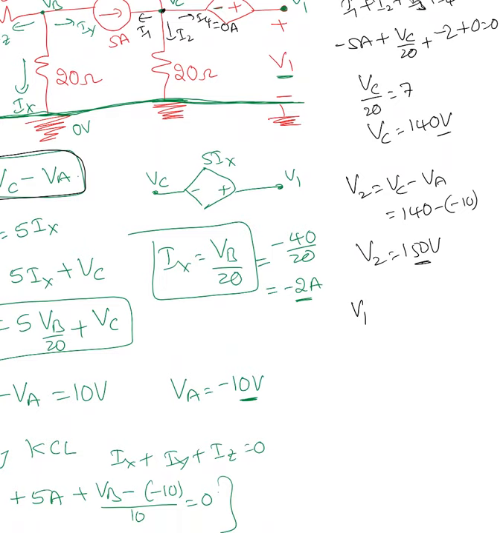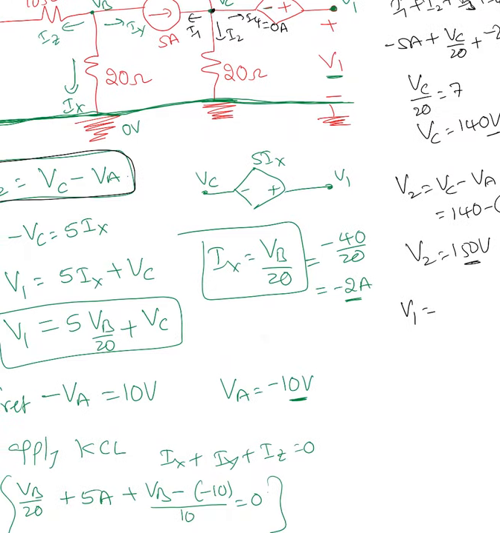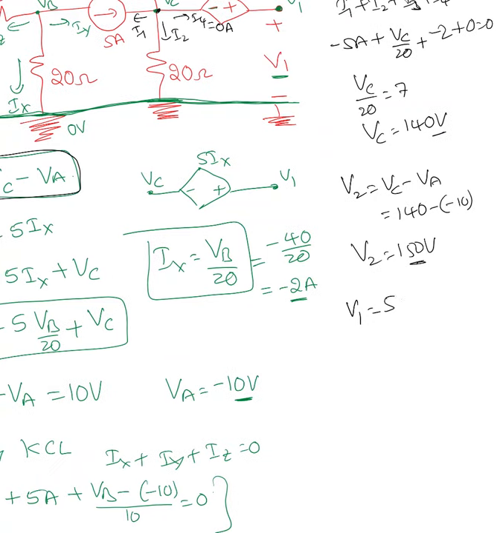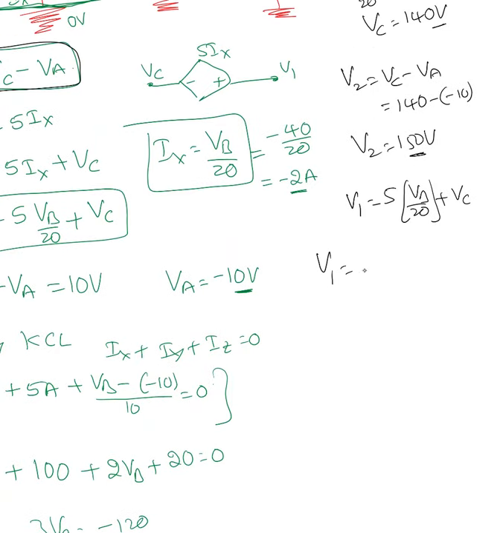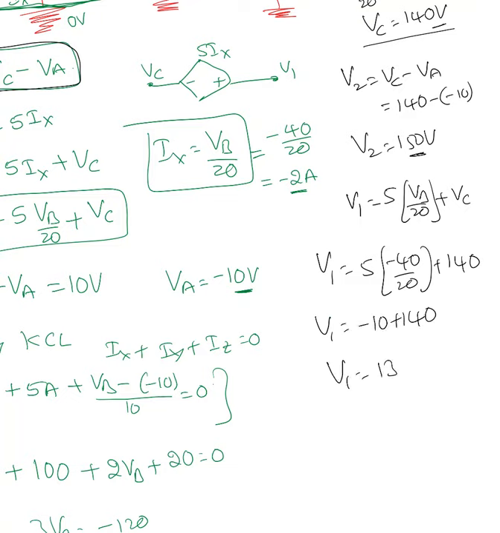And V1 is nothing but 5 times VB over 20 plus VC, right? VB we just found equal to negative 40 volts. So V1 equal to 5 times negative 40 over 20 plus VC, which is 140 volt. So minus 10 plus 140, V1 equal to 130 volt.